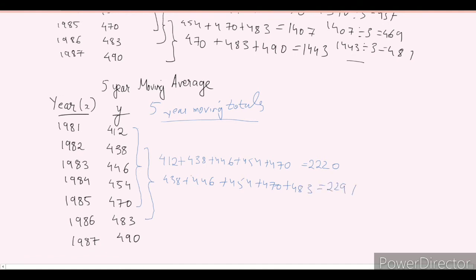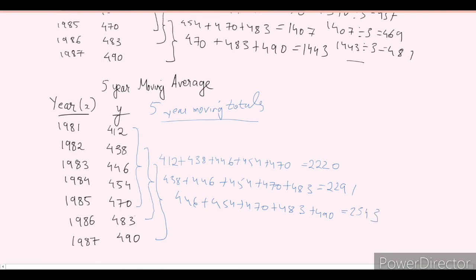2291. Then we move to the next group of 5 years, from 1983, 84, 85, 86, 87. In this case 1985 will be your middle year. So you add the values, 446 plus 454 plus 470 plus 483 plus 490. What you get is 2343.